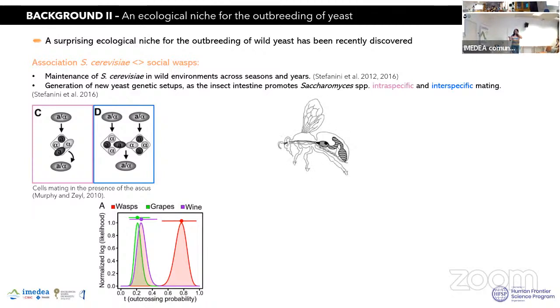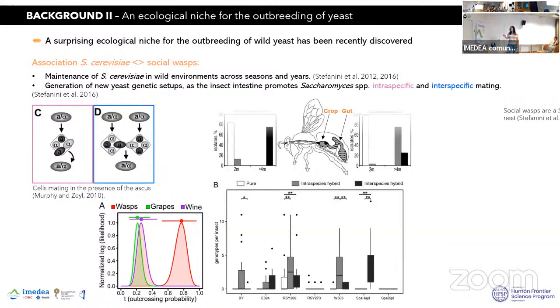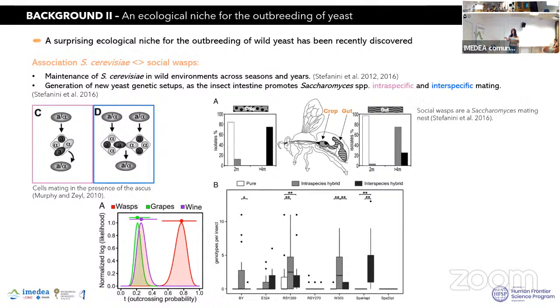So in the same study, they differentiated between 2 parts of the gut. This is called the crop. This is the final part of the gut. Together we call this the intestine, okay? And this is the crop, and this is the gut. And they also evaluated whether there was a presence of intraspecies or interspecies hybrids, okay?